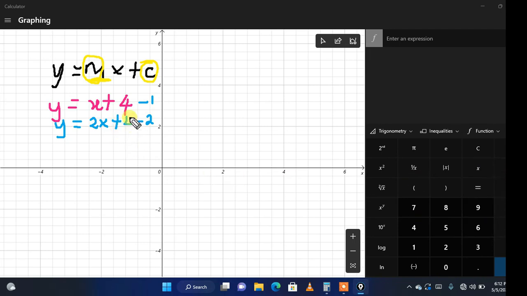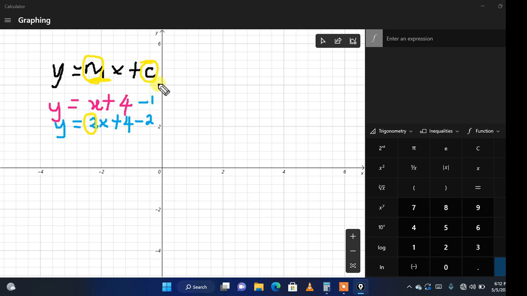So the difference between these two equations is the slope, which is 2 here. And the impact of the slope is that it makes the curve come closer to the origin depending on how large it is.